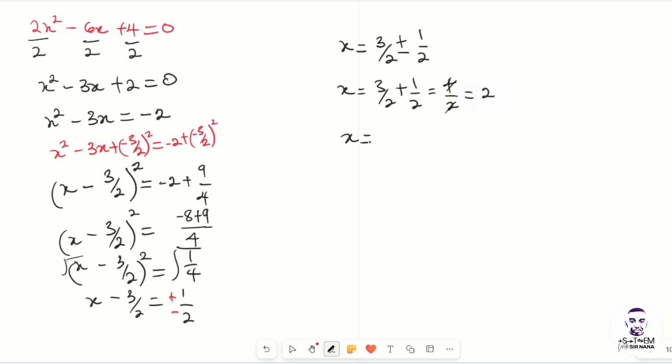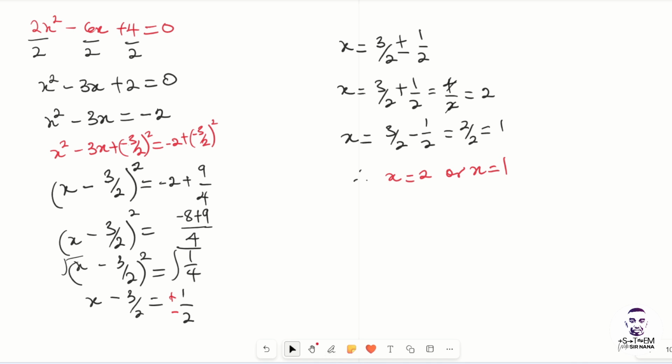And x is also equal to 3 over 2 minus 1 over 2, which gives 2 over 2, and that gives 1. So the roots, or the solutions, of the quadratic equation are x is equal to 2 or x is equal to 1.